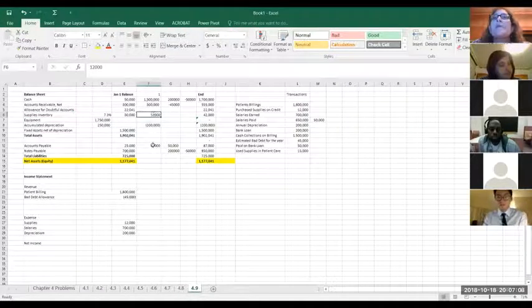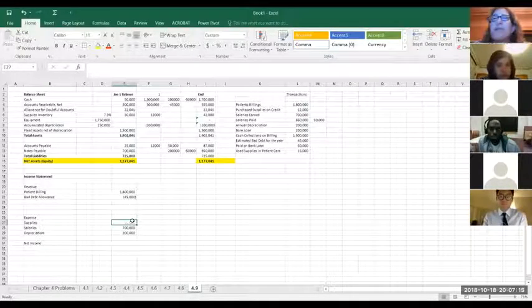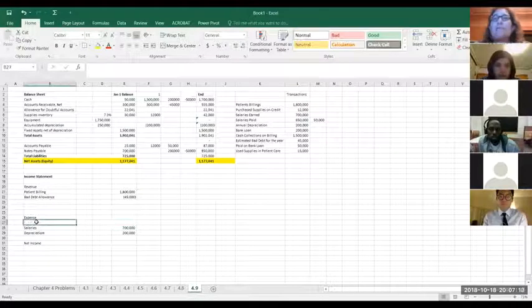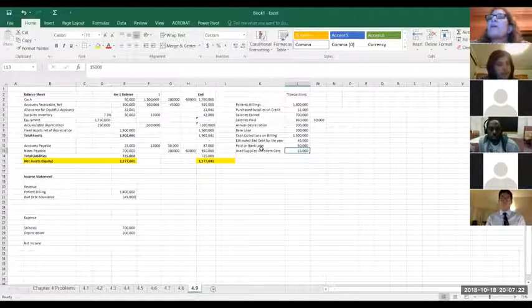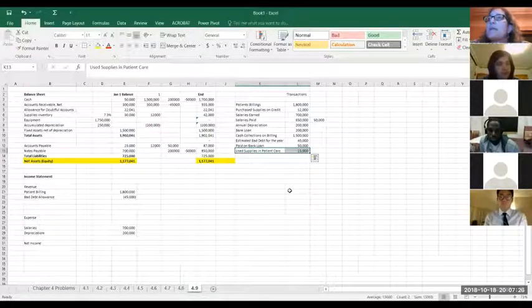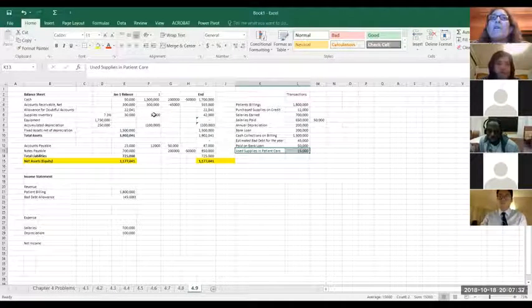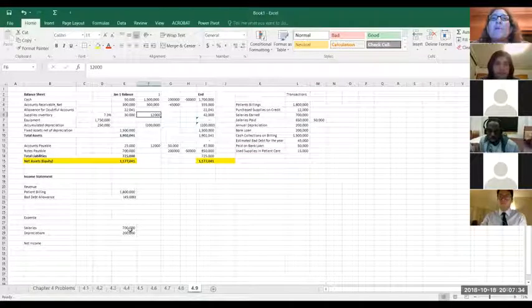And then we're still going to leave it as an accounts payable, right? So what we do then is take it off the P&L. Now what it's saying here though is that we actually use the supplies. And that's when we have to move it. When we actually use it, we move it off of our balance sheet and into our P&L.